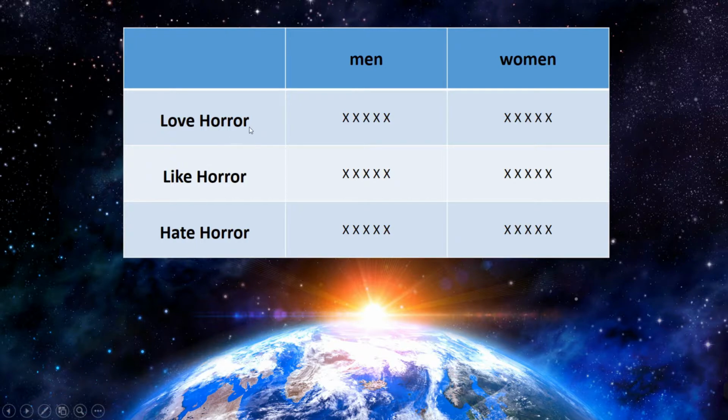And participants either said that they loved them, or they liked them, or they hated them. So that means that in each level here, these people, this row is different from these people. So these are different people from these people. So that makes this between subjects.